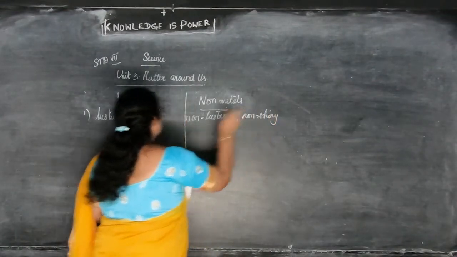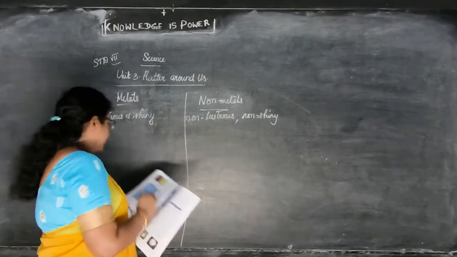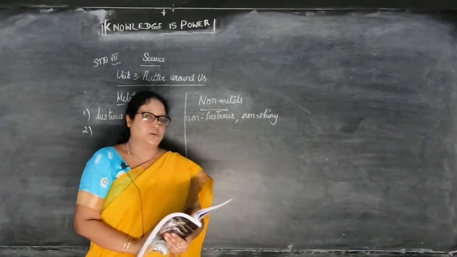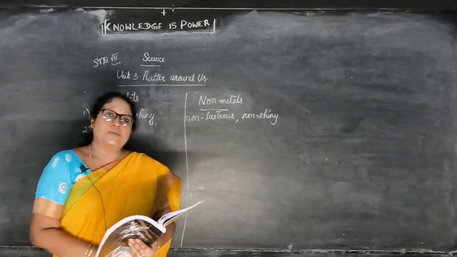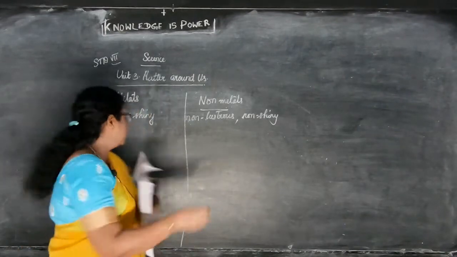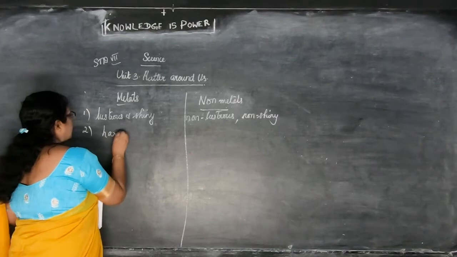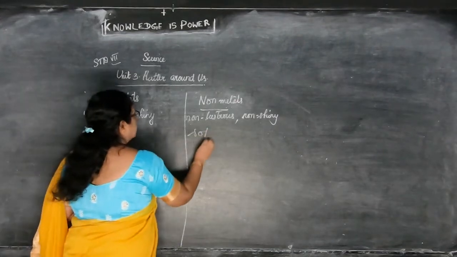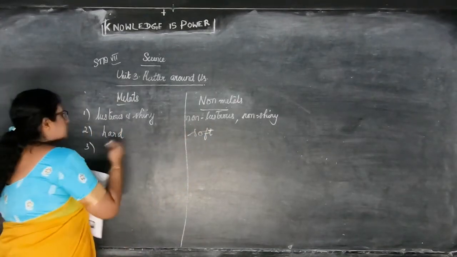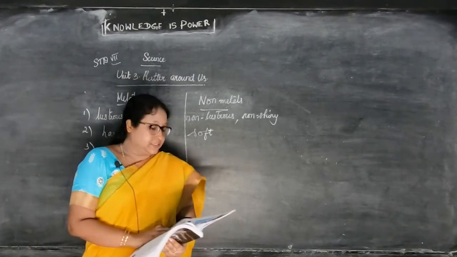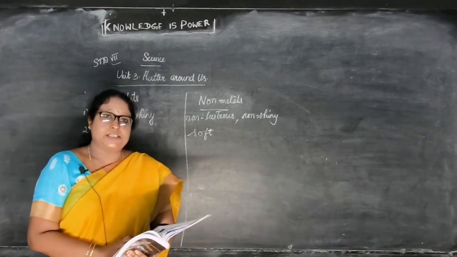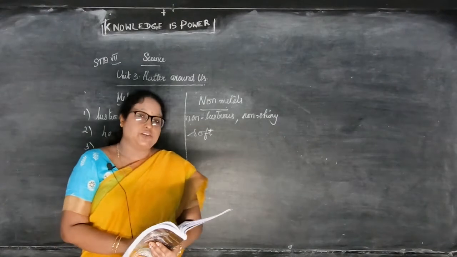Okay, children? So now the next one is metals are generally hard. Already I told you they are hard, while the non-metals are soft. So metals are hard, non-metals are soft. Okay? So the next is most metals can be bent, beaten into sheets, and they can be drawn into wires.